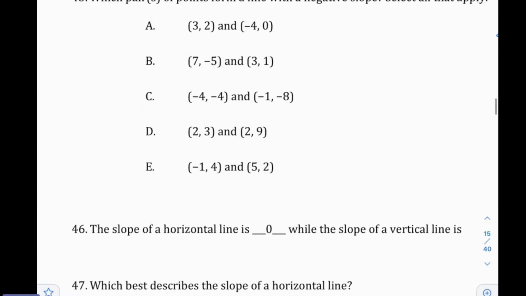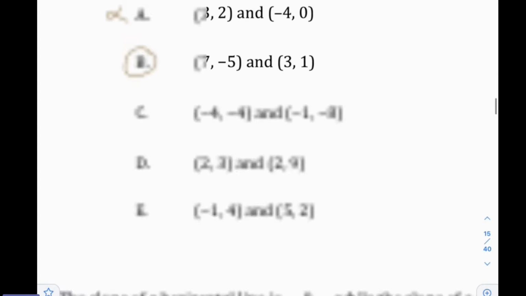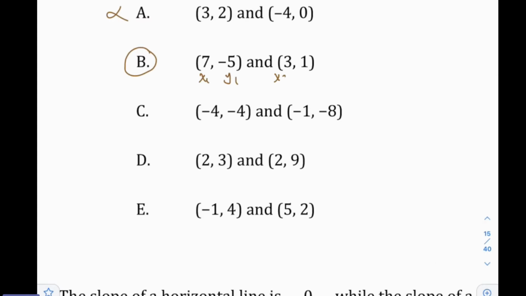Now, which one is the line with negative slope? We will find the slope for each one of them: y2 minus y1, x2 minus x1. Let's check B. This one will have positive slope. Let's check this one. This will be correct, because if you find x1, y1, x2, y2 to be 1 minus -5, it will be 6 over -4.